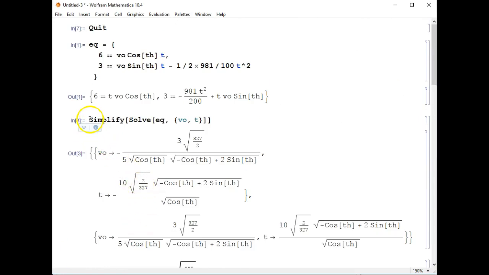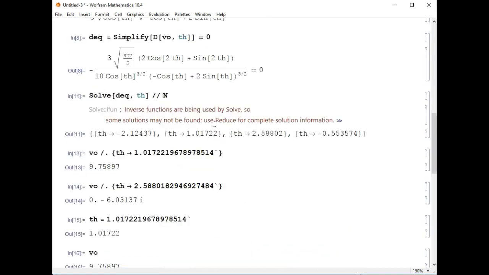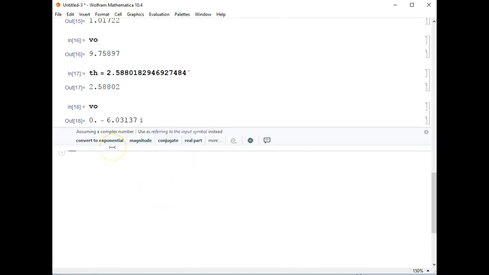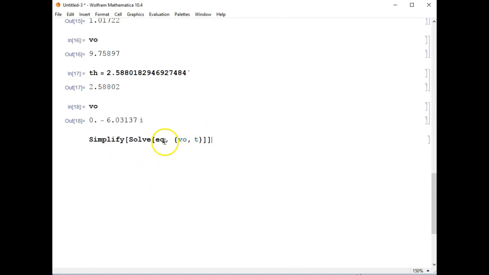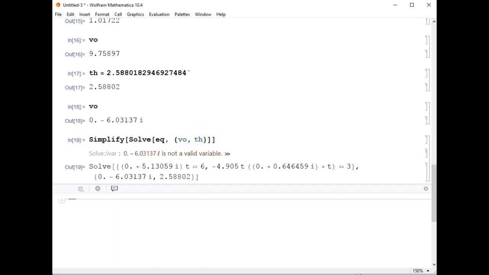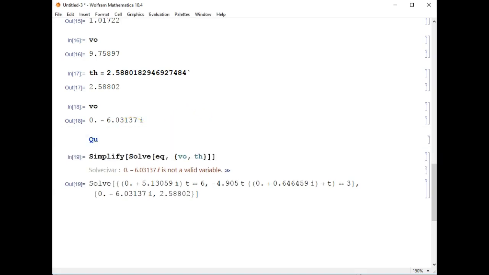Oh, by the way, if you wanted to, let's go back to the very beginning, where I solved these equations for VO and T. You could also come down here. Let's just copy and paste them in. Solve the original set of equations for VO and theta, TH, instead of T. And let's see, whoops, okay, I need to do a quit. Let me quit.